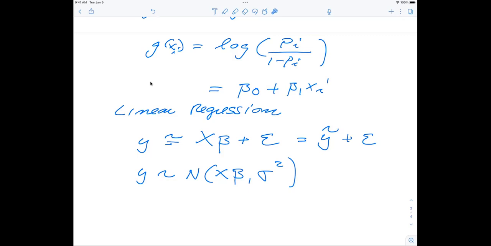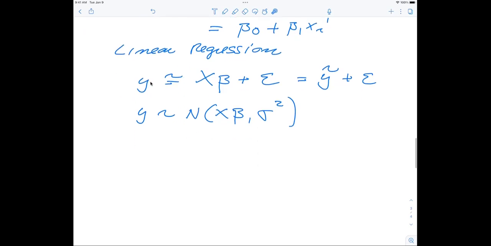Now we are going to make a different assumption. In this specific case, we assume that y is given by a probability p of x, which we don't know, plus some noise again, but we don't know the noise.